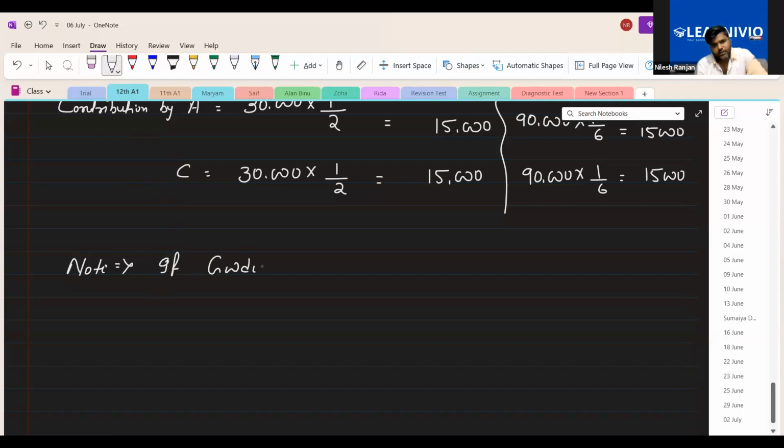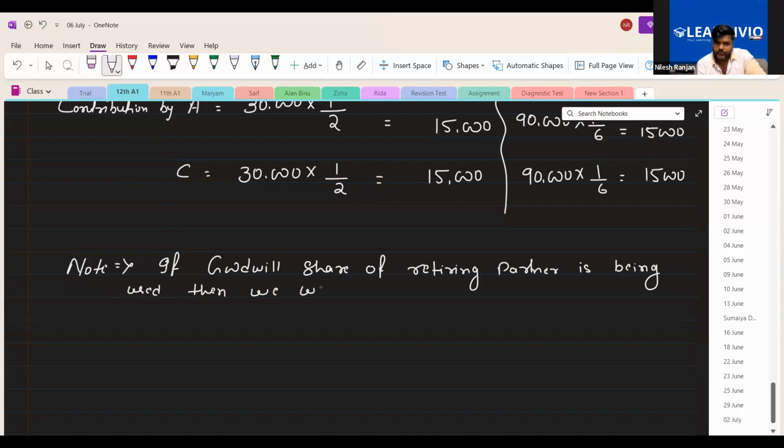If the goodwill share of the retiring partner is being used, then we will use the gaining ratio.